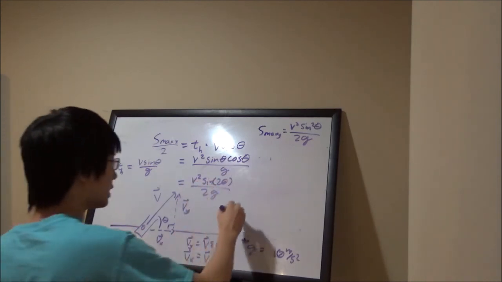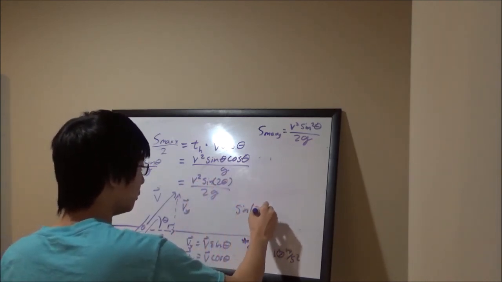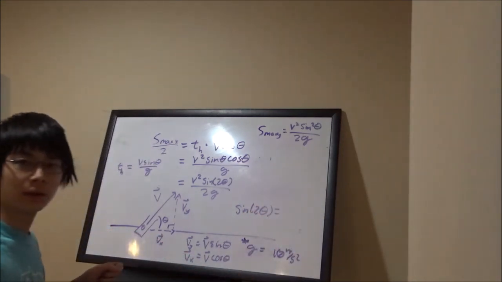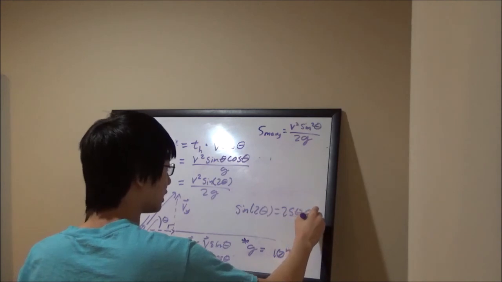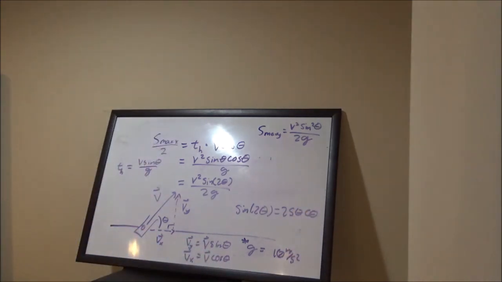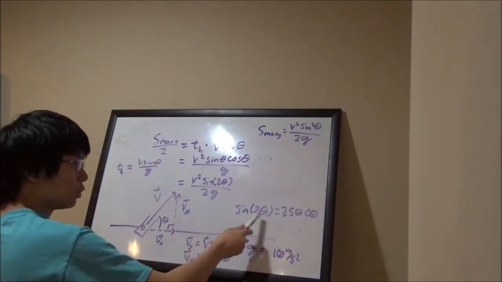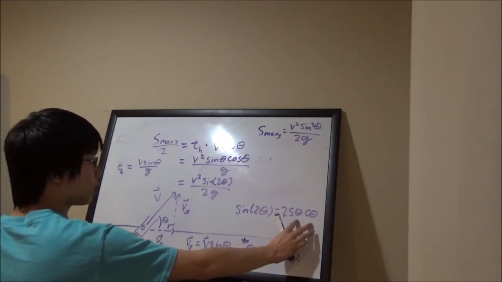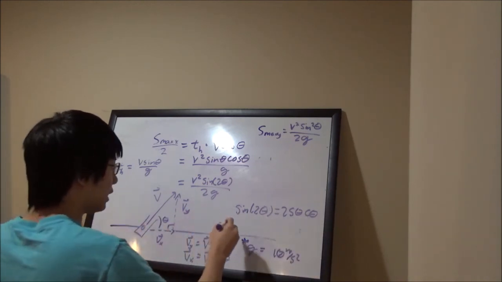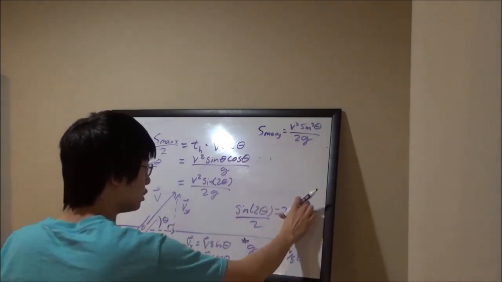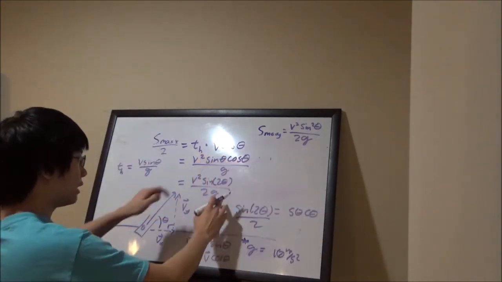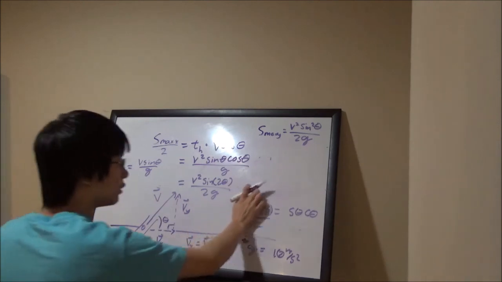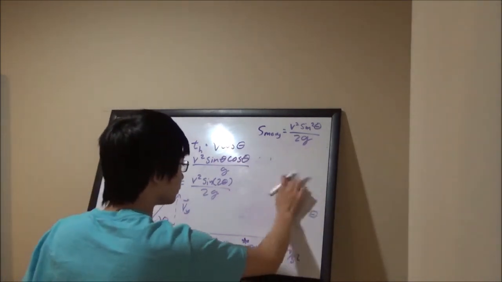Because sine 2 theta by the sine double angle formula is equal to 2 sine theta cosine theta. I'm going to just write c and s for simplicity's sake. So we have sine theta cosine theta here, and here we have sine 2 theta over 2. So that's how we did that.